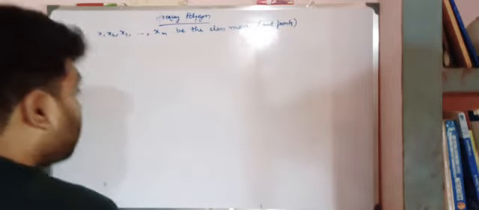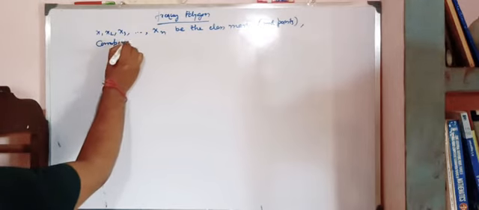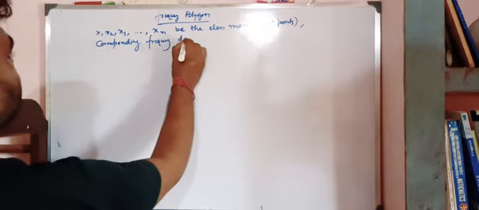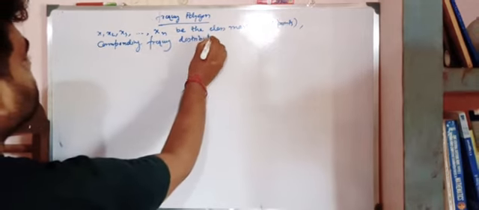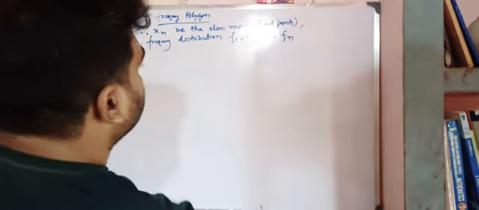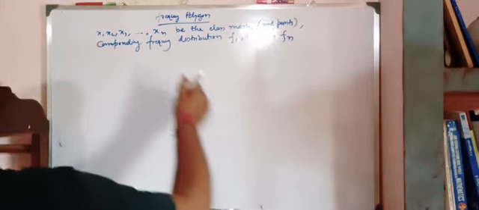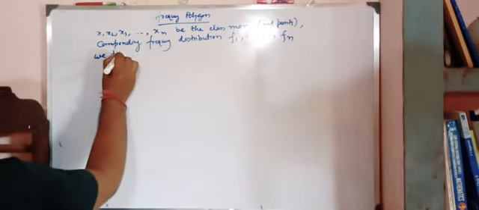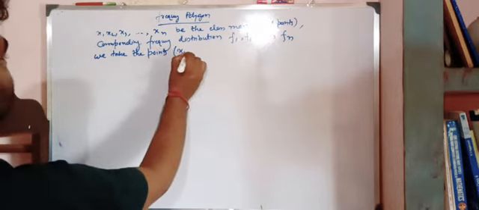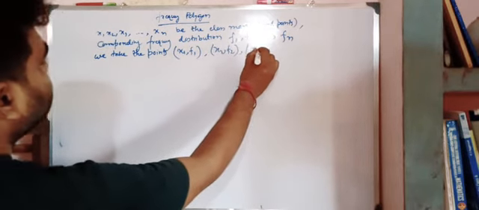And the corresponding frequency distribution is f1, f2, up to fn. So we plot the points. What points? x1, f1, x2, f2, x3, f3, and so on.